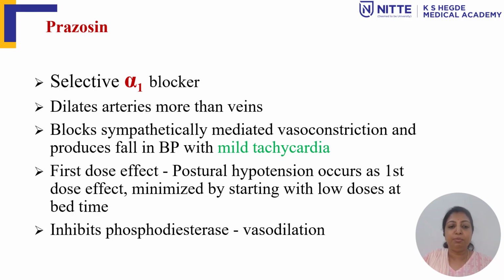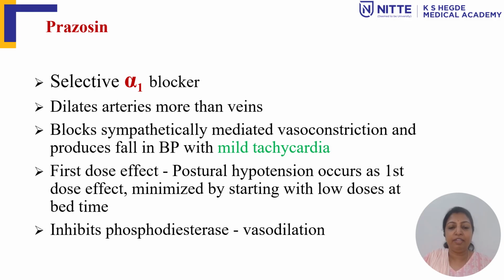So prazosin produces what is known as the first dose effect. Postural or orthostatic hypotension can usually occur with the first dose. At the beginning of the treatment, it can produce postural hypotension, and it can be minimized by starting with a low dose and taking it at bedtime.